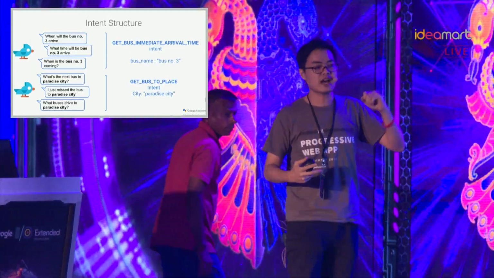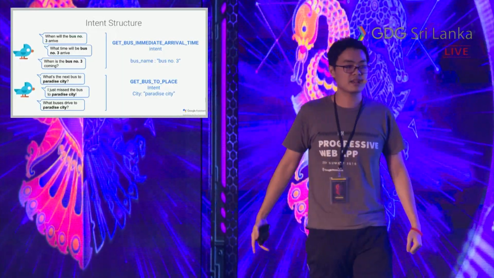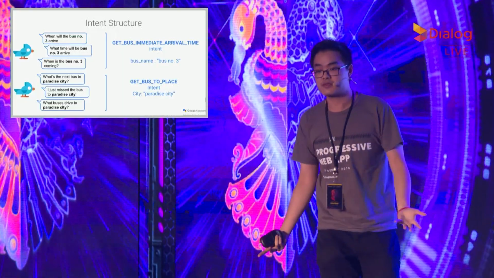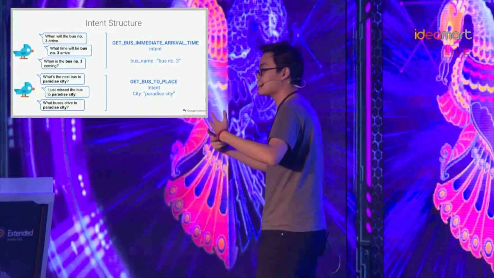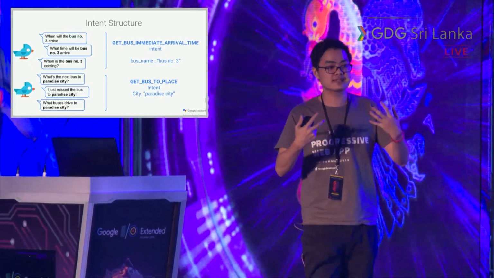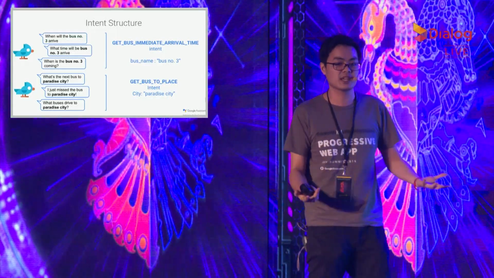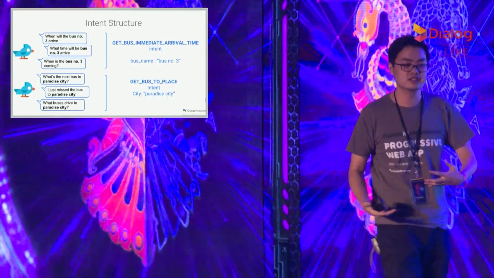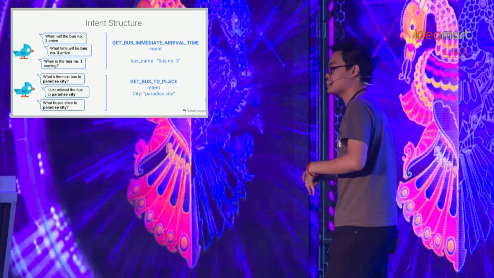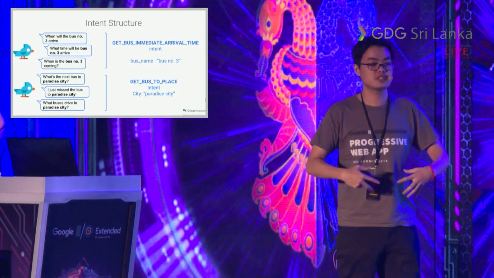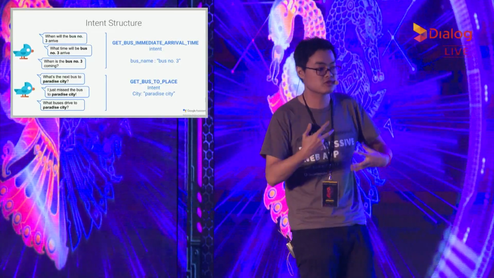Let's take, for example, I have the bus schedule application. So the first question I will ask is, when will the bus number 3 arrive? That is one example of how we can speak, right? But we can, of course, phrase it differently depending on the person. We could say, when is the bus number 3 coming? Or you can say, bus number 3, when shall it arrive? Something like that. So all of these permutations, all of these variations in the speech will cause challenges to developers to develop an application to cater for different ways, different types of sentence structures.